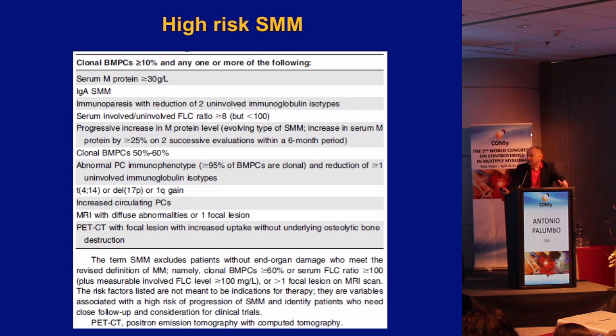And this one, again, is something to take with some caution from my point of view, but certainly PET with focal lesion and increased uptake. So you see, once again, you have 3 different issues here: the protein, the bone marrow and the phenotype, and the imaging.